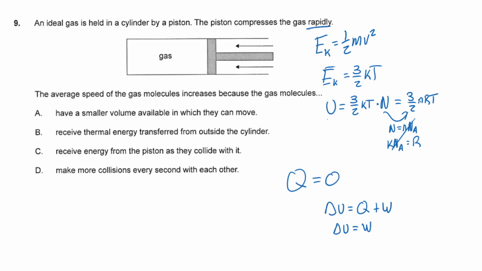By the way, 3/2 nR is going to be a constant for a closed cylinder with constant gas, right? And when temperature increases, well, we go up one more step here. What is going to happen to the average kinetic energy of the molecules? Well, the average kinetic energy is also going to increase.